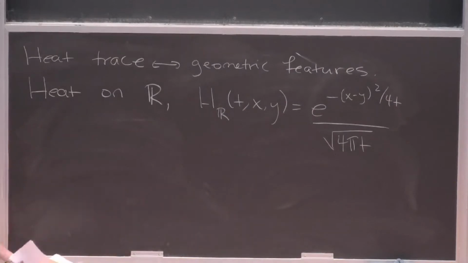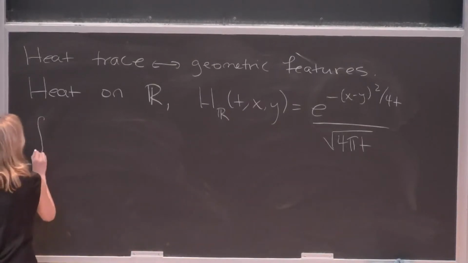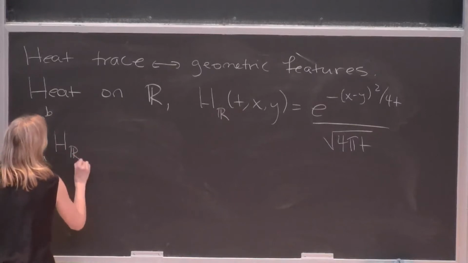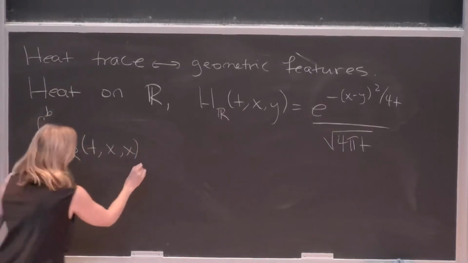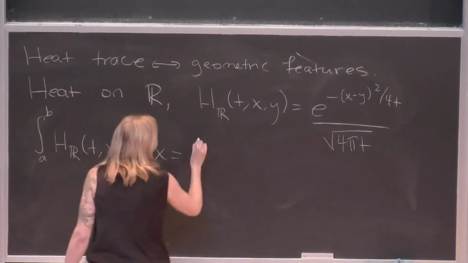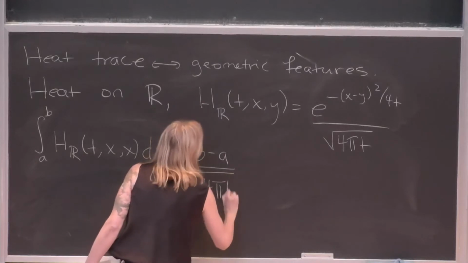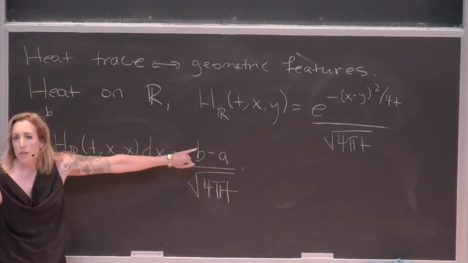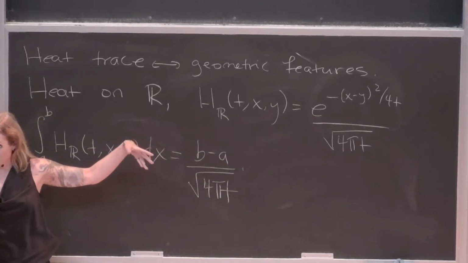And so, for example, taking the trace means setting x equal to y and integrating. So for example, if we integrate from A to B the heat kernel for the real line, setting x and y equal, we get the length of the interval over which we integrated. So we see that geometric information. Okay?